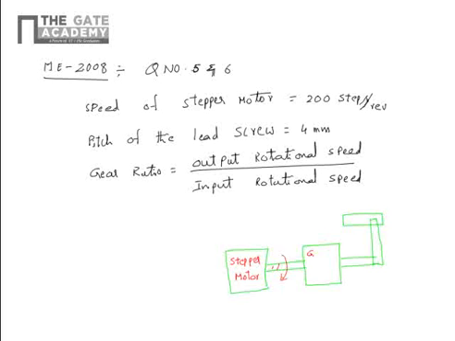This is the gearbox, where you can increase or decrease the gear ratio to increase or decrease the speed of the lead screw.